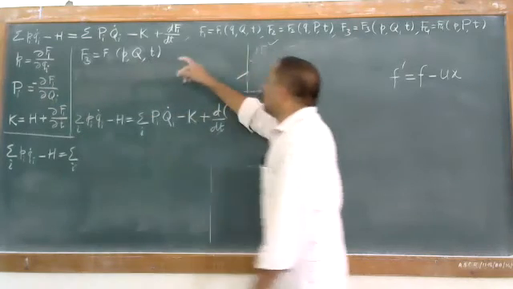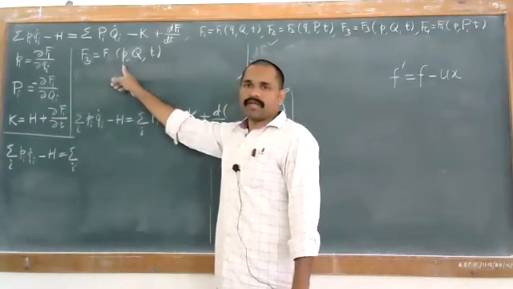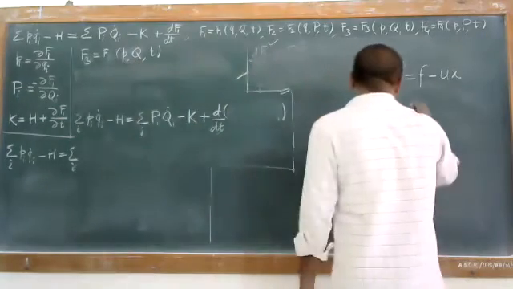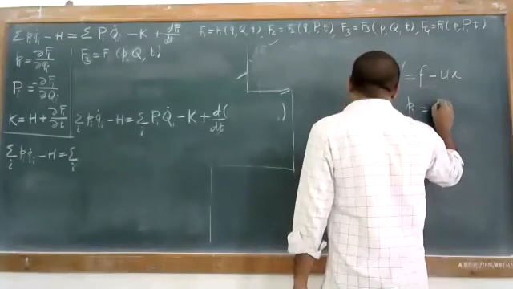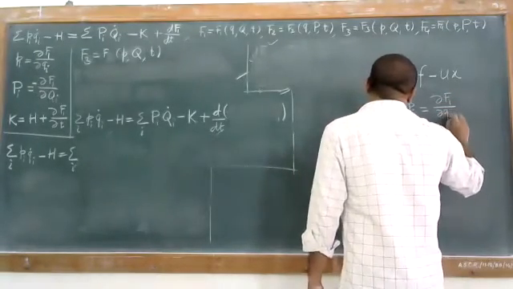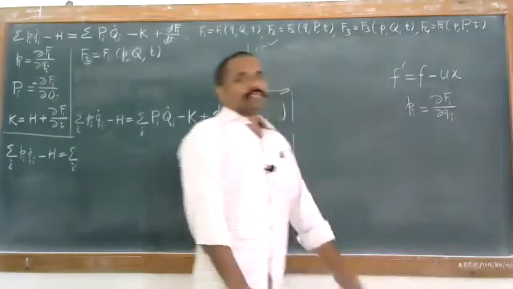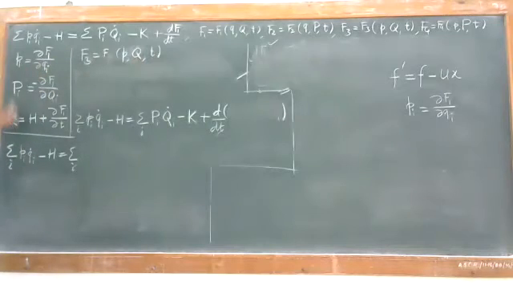But here in the third generating function we are using small p. So what is our function? We'll have a small pi that is equal to delta f1 by delta q1. That is our condition. The value of capital Q has not come ahead here, we have not calculated it. So you have to express this in terms of the first function.